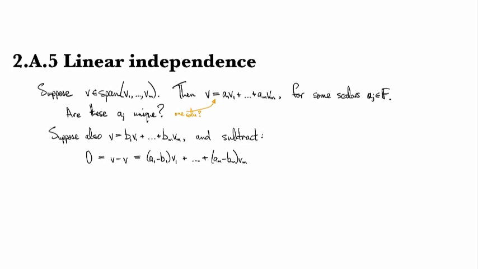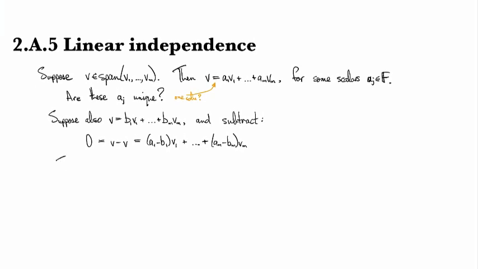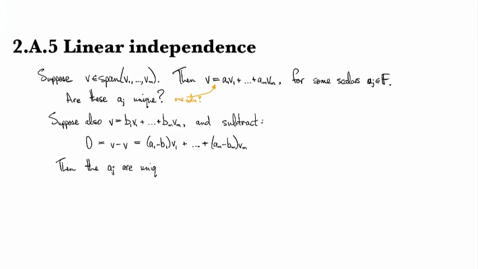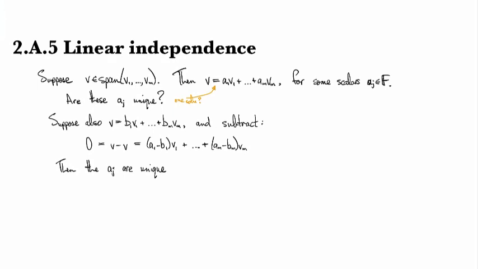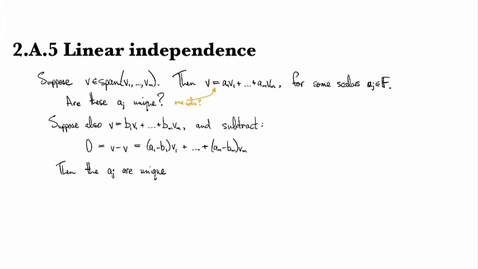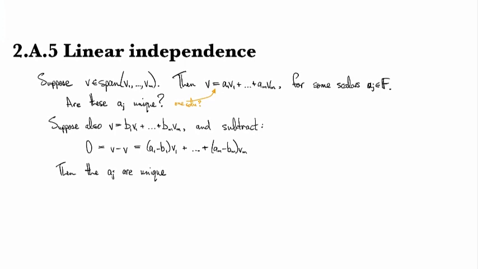Okay, so if I can write that, then the answer to my question is that the aj are unique, meaning that each aj is equal to bj. If these two are equal, that means this whole term has to be 0, and that has to hold for every single term in the sum. So if am has to equal bm, then this coefficient here has to be equal to 0 as well.